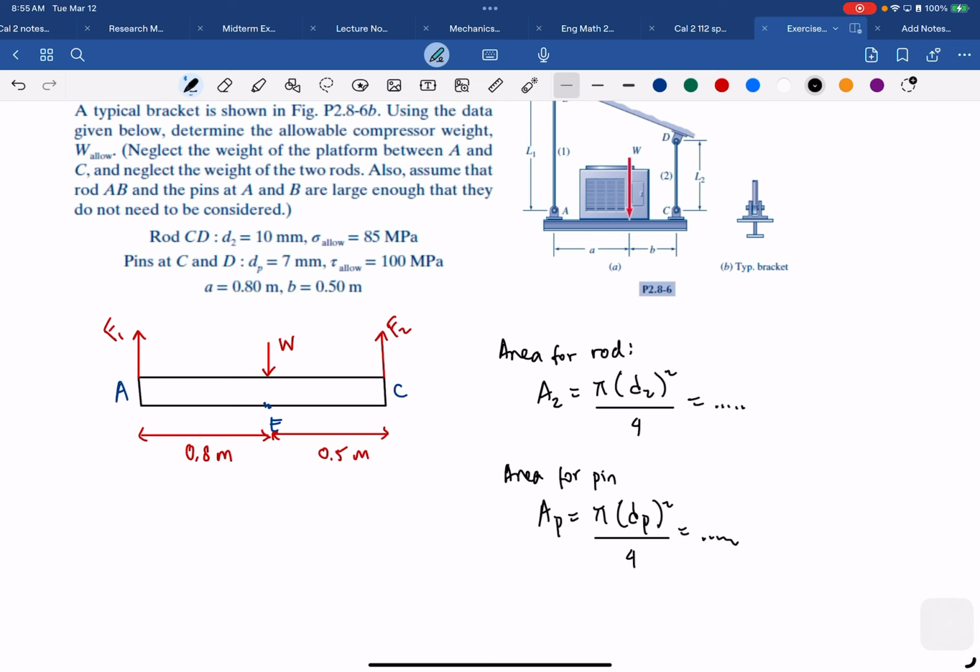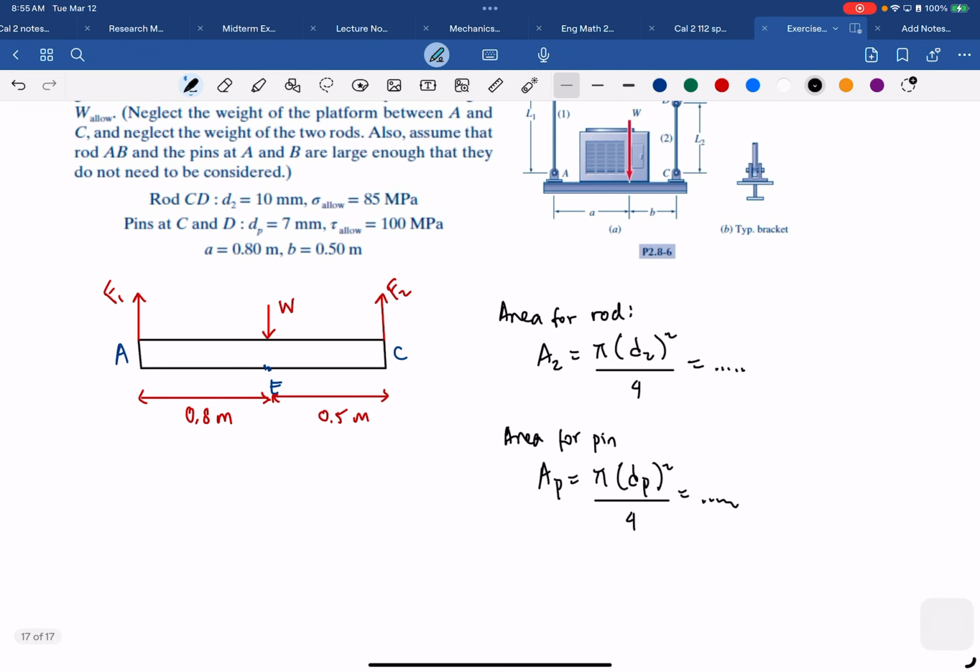And then we get the equilibrium. So the equilibrium, we can get the ratio for the whole force and distance. Okay, so let me write here.